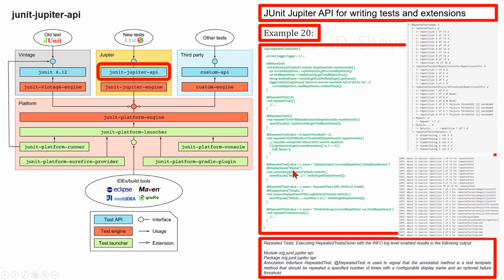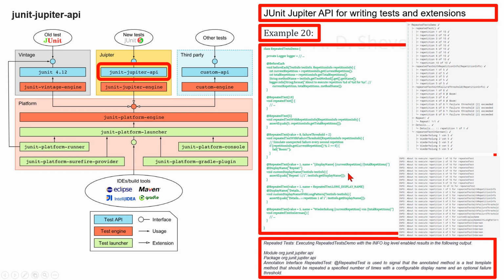Repeat! is the display name, which comes from the @DisplayName declaration. 1/1 comes from the current repetition divided by the total repetitions.